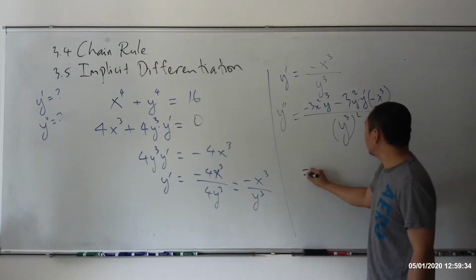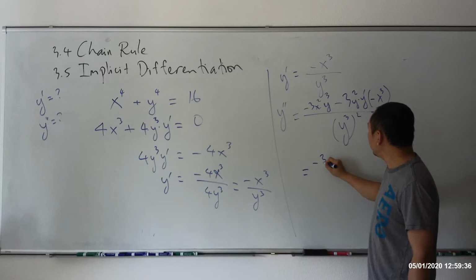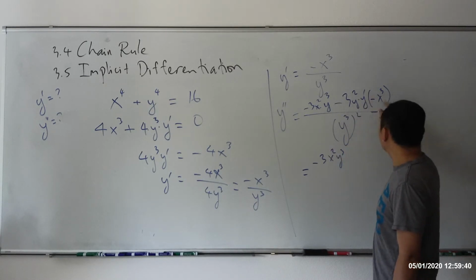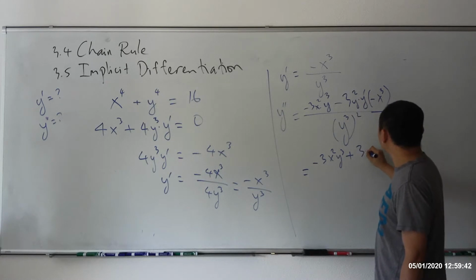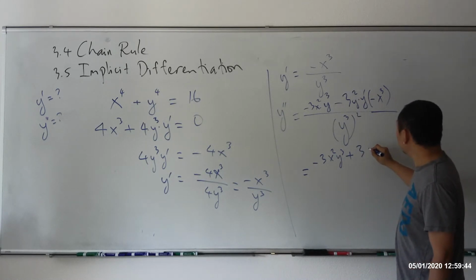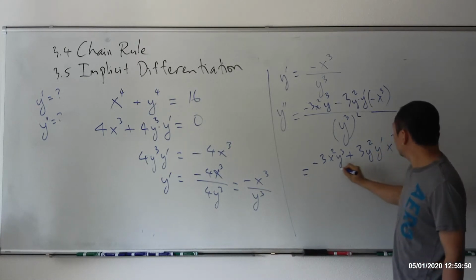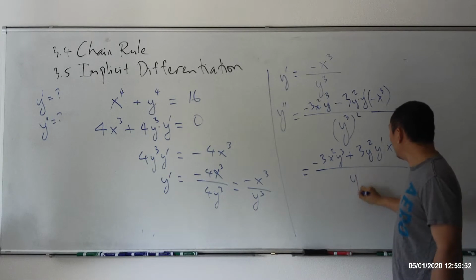And let's simplify. This is negative 3x squared y cubed, minus with minus becomes plus 3y squared y prime x cubed, and all over y to the 6.